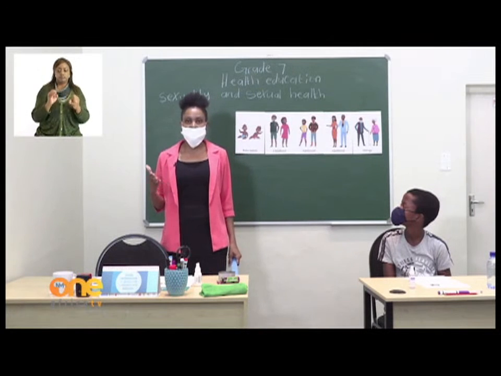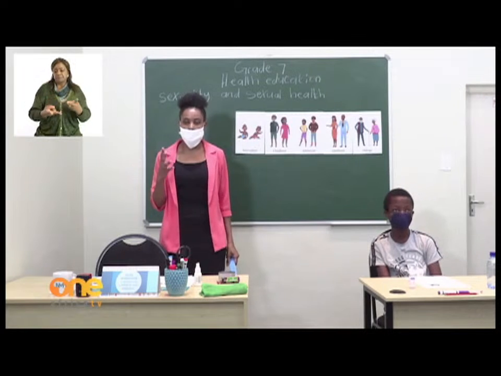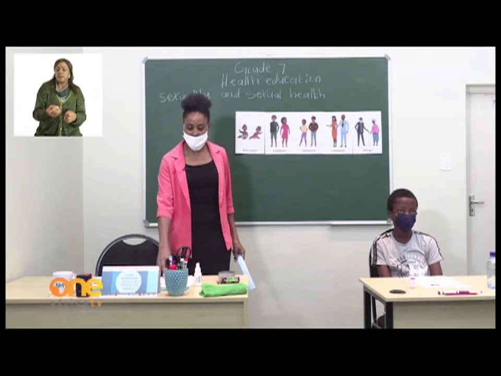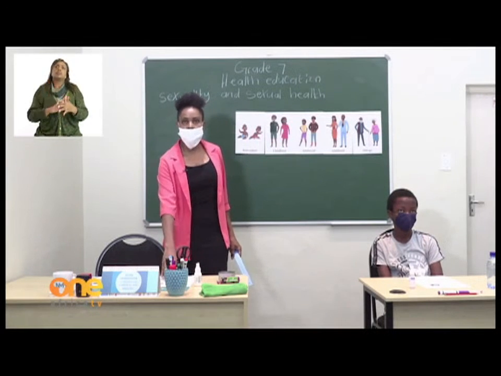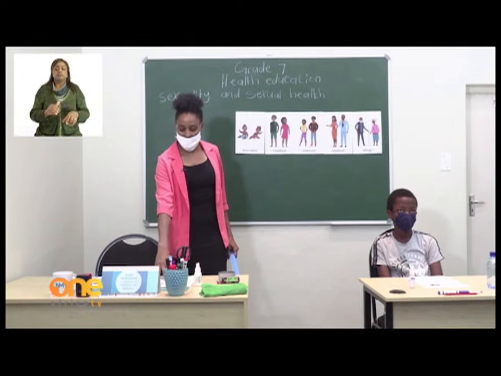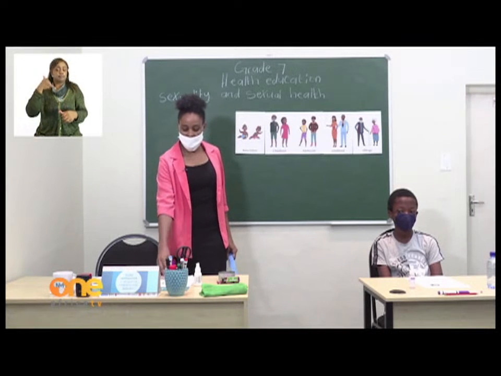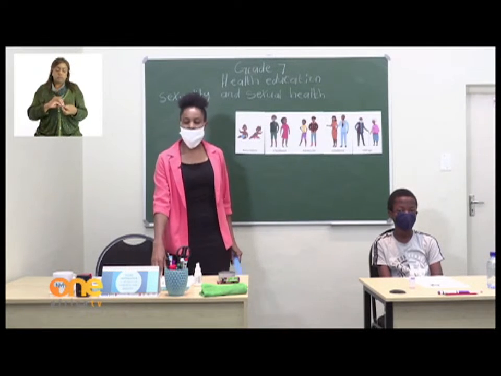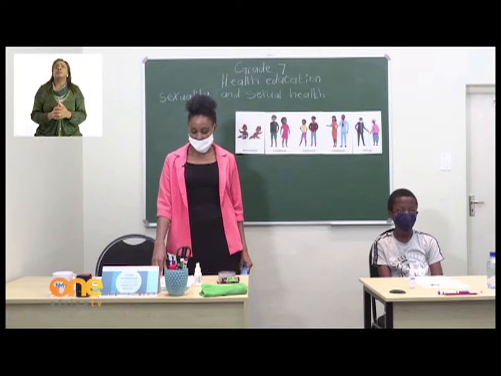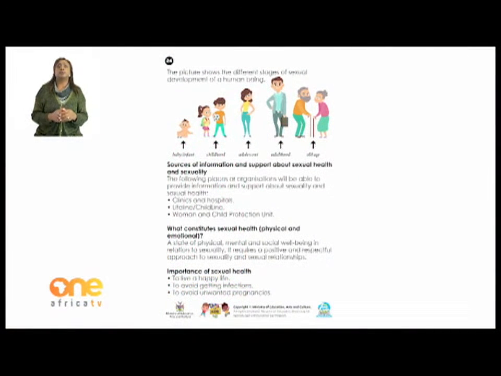So you need to visit different places that can offer you with good quality information. These places, we call them the sources of information on sexuality and sexual health. Now, these places are the clinics and hospitals, the Lifeline and Childline, the Women and Child Protection Unit.